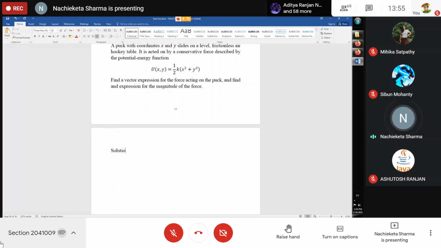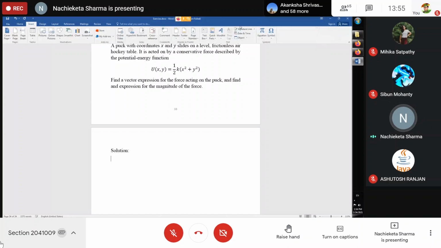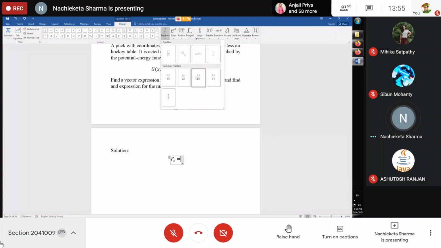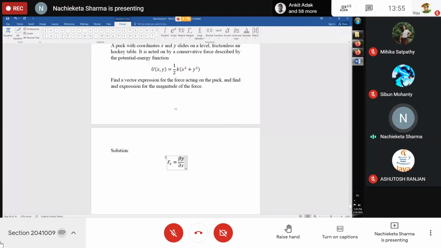I will write the x component as fx is equal to minus del u by del x. If I take the derivative, I will get minus kx, isn't it?